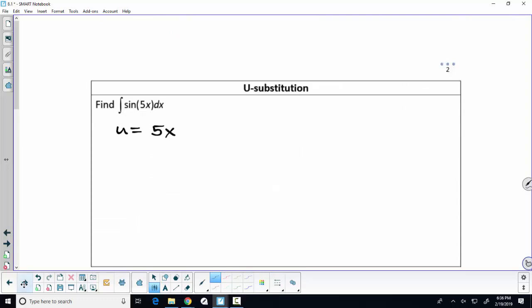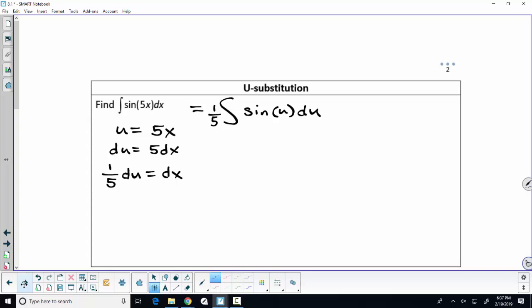So our inner function here is 5x. du is 5 dx. And we don't have a 5 in that function, so we put that with the du. 1/5 du is dx. We have the antiderivative of sine u, and our 1/5 du for the dx.